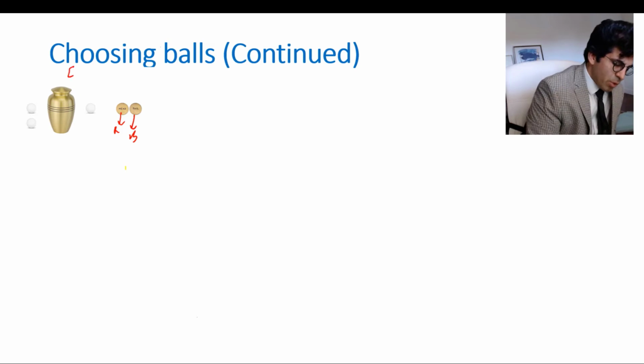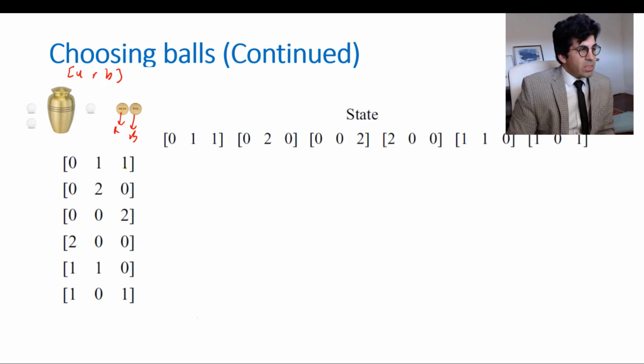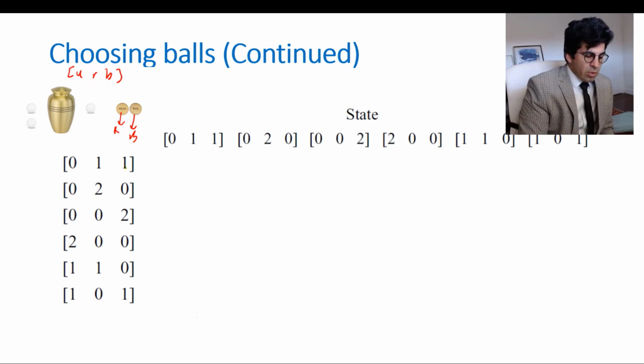So we use this triple, unpainted, red, blue, to show how many balls of each color we have. And so how many states are we gonna have? We're gonna have 0, 1, 1, 0, 2, 0, and so forth. We have 6 states, and so our transition probability matrix P is going to be 6 by 6.